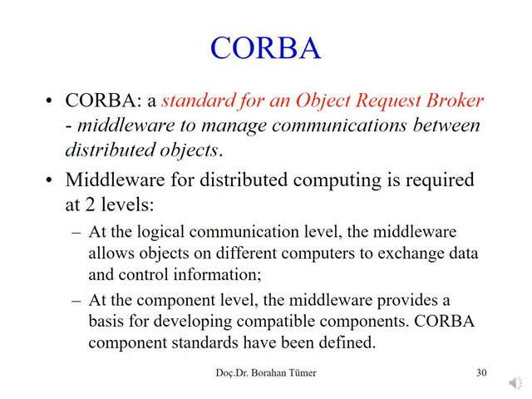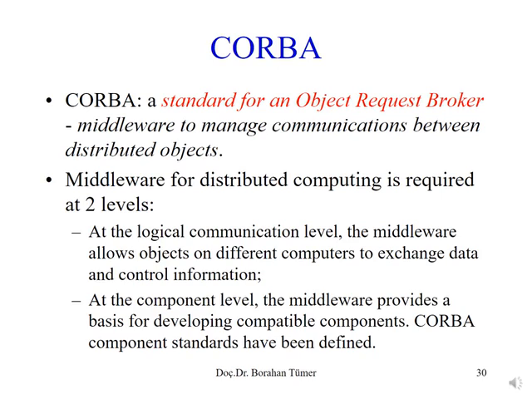Middleware for distributed computing is required at two levels, at the logical communication level and at the component level. At the logical communication level, the middleware allows objects on different computers to exchange data and control information. With this property, CORBA provides for the platform independence in distributed object architectures.